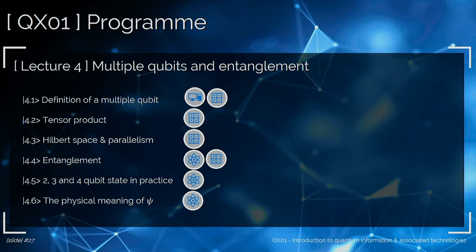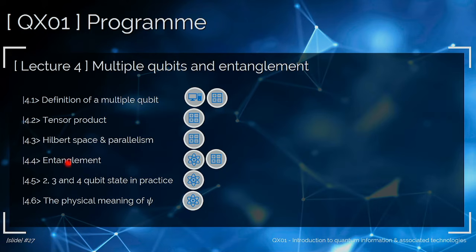So we've seen inner product, we will see outer product, and there is another one, the tensor product, yet another operation. Then that will lead us to the so-called Hilbert space, which is the mathematical representation to understand tensor product, and in particular to understand the notion of quantum parallelism, which, as I said before, is precisely what provides the power of quantum information.